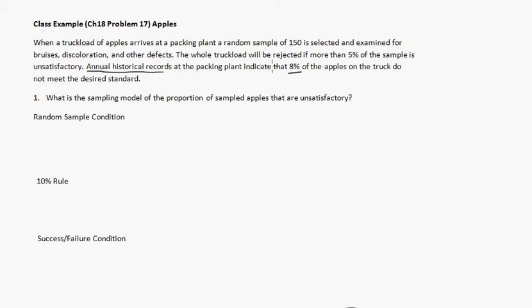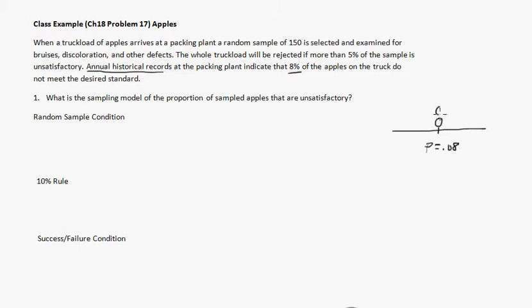So without challenging that, typically we're trying to estimate this, or this is hypothesized. Here we actually see it as fact. Okay, so that tells us that if we were going to sample apples, we expect the center, the proportion of bad apples, to be 8%.